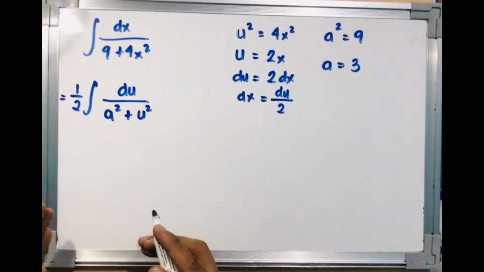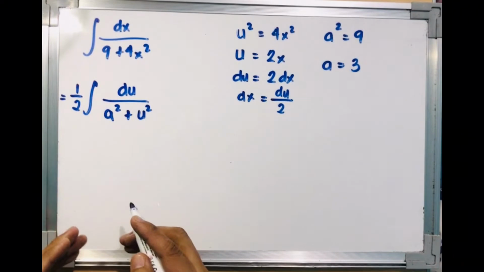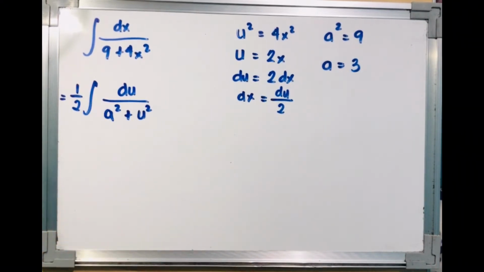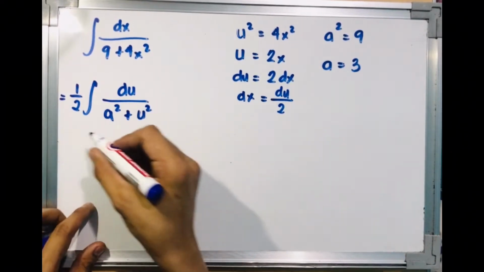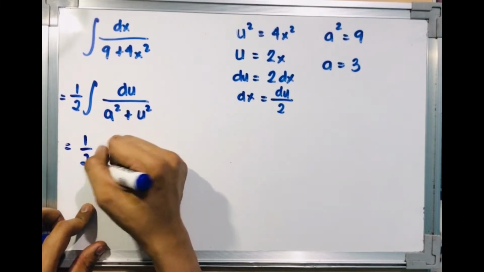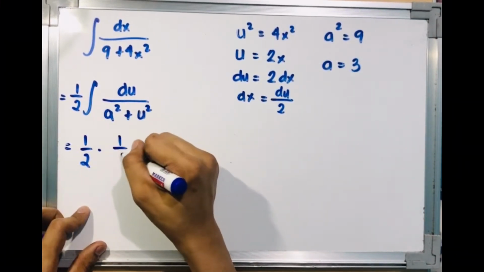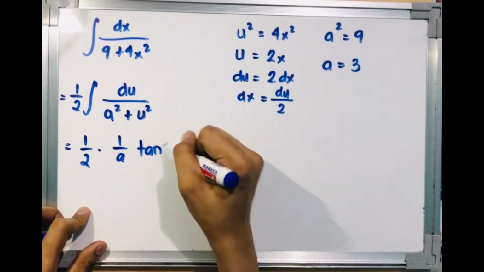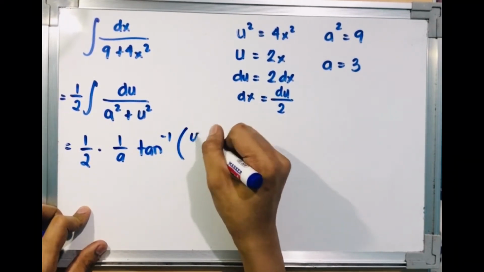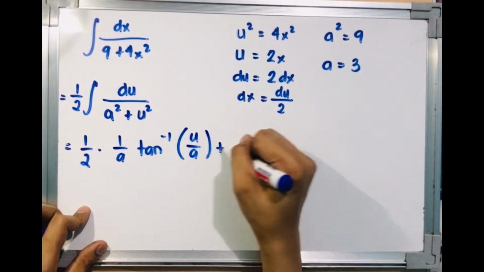So, since nag-come up tayo sa ganitong format, babalikan natin yung tatlong formula natin na pinakita. Alin ba doon yung merong ganong integral of du over a squared plus u squared? At mapapansin natin na yung second na formula yon, which is 1 over a arctangent of u over a plus c.